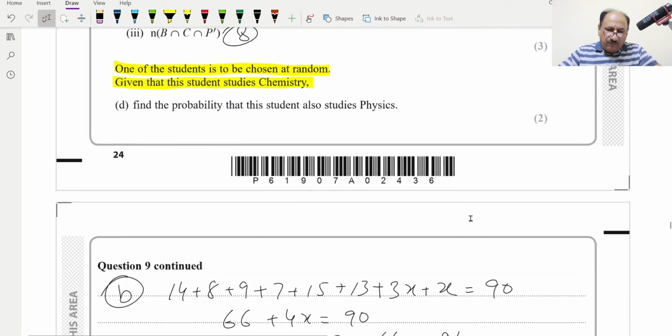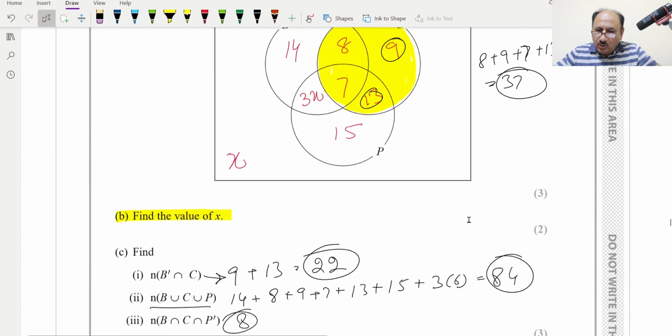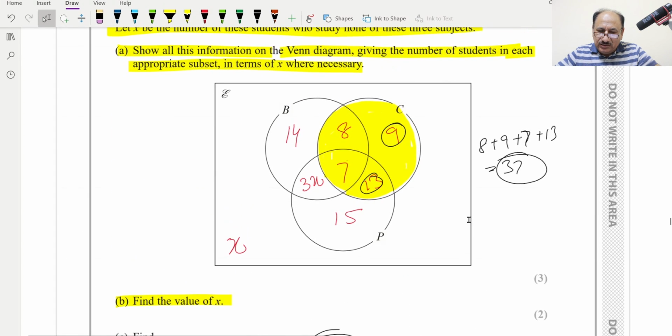We have to find the probability that this student also studies physics. So also studies physics is 7 and 13, so that is 20.